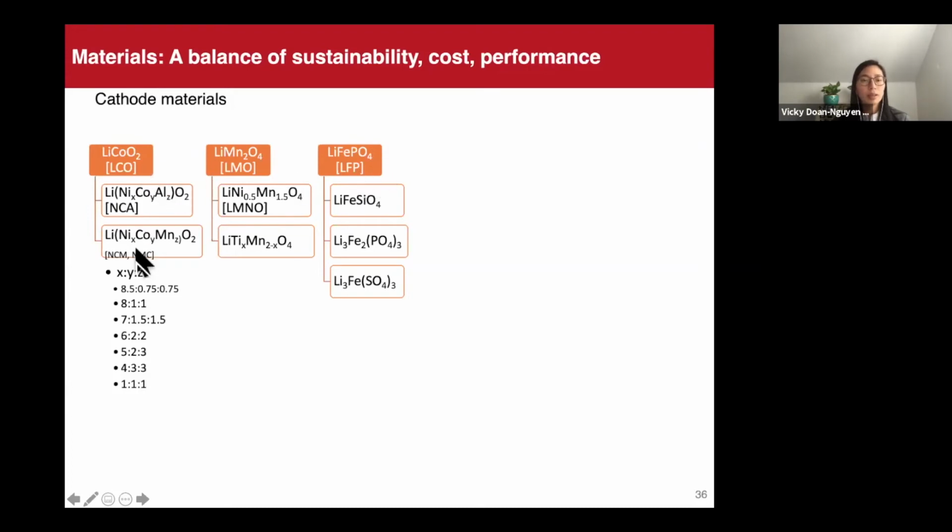And within these three types of materials, I've listed some examples of substitutions or different solid solutions that are formed by taking out some of the cobalt and introducing some nickel or manganese. So from lithium cobalt oxide, if you introduce nickel and aluminum, people often call that NCA, or if you substitute with nickel or manganese to reduce the cost because cobalt can be quite expensive, that's typically called NMC or NCM.